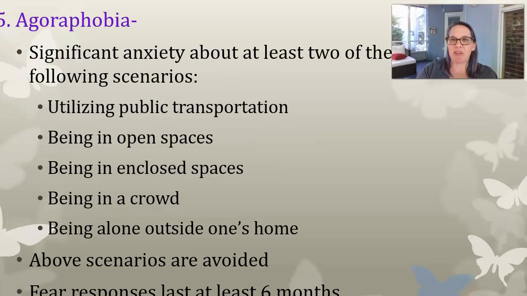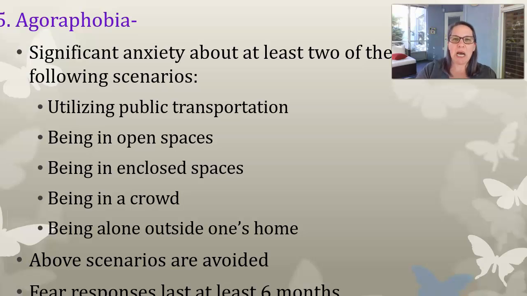And then number 5, the last one that we're going to talk about in this particular category is agoraphobia. So this is a significant anxiety about at least 2 of the following scenarios, at least, okay? Utilizing public transportation, being in open spaces, being in enclosed spaces, like being trapped in an enclosed space, being in a crowd, being alone outside your home.